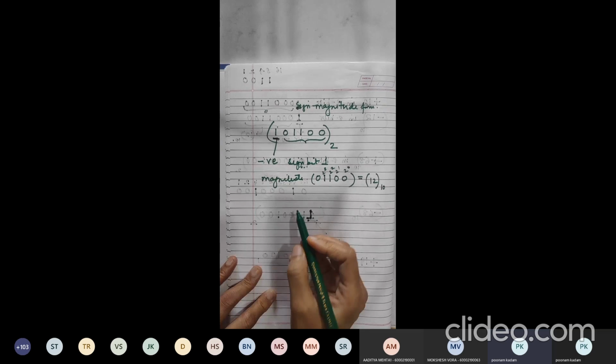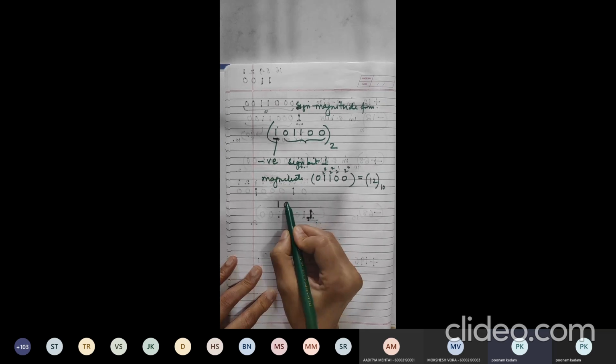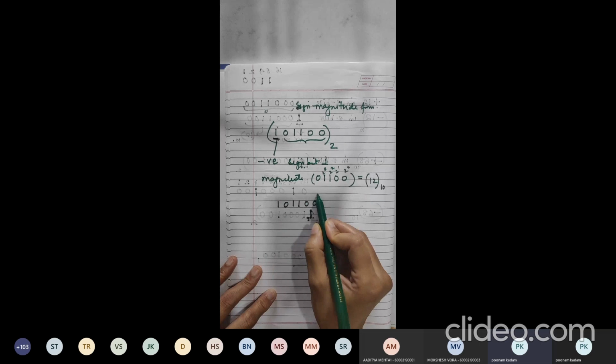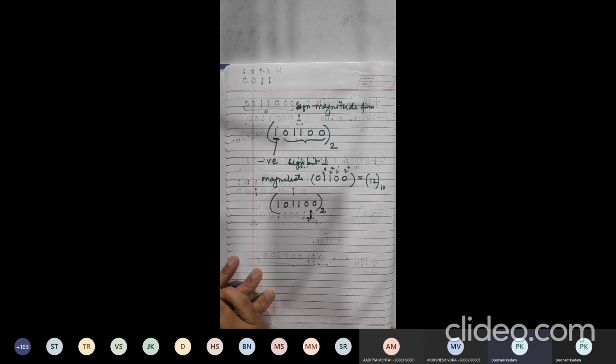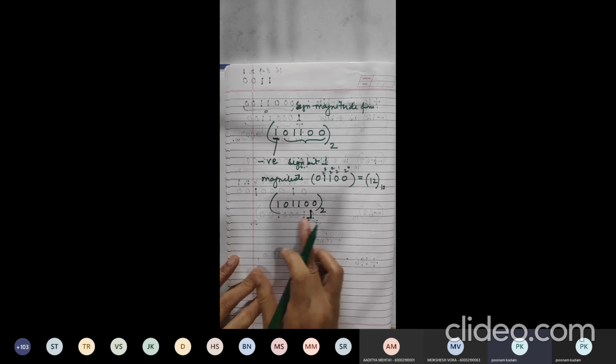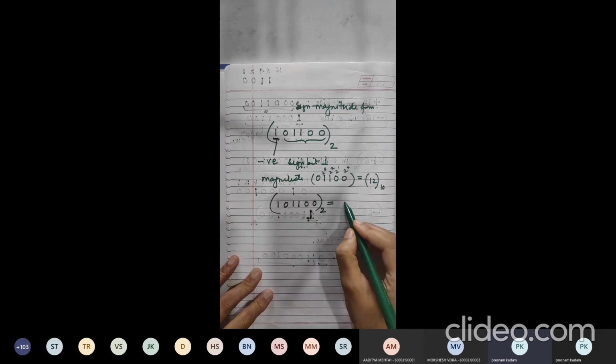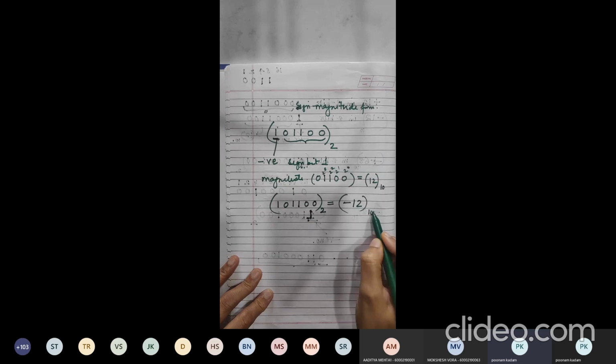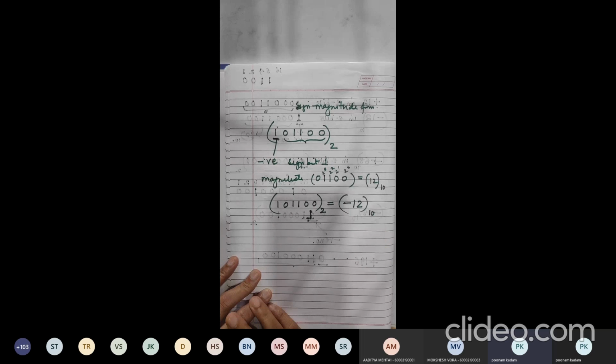So this means that 101100, when it is present in sign magnitude format, represents decimal number minus 12. Am I clear? Is this clear to all?